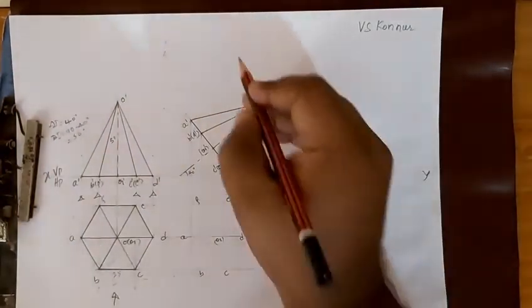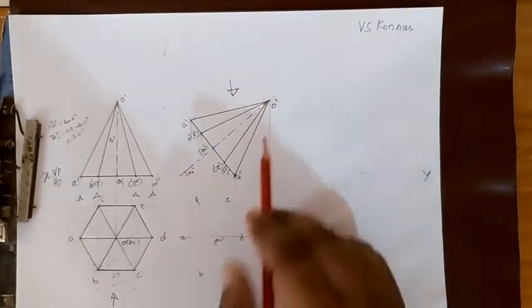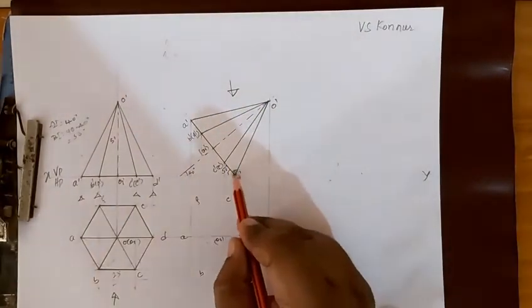Now when you are viewing from this side, the point which is away from the observer is D dash point.